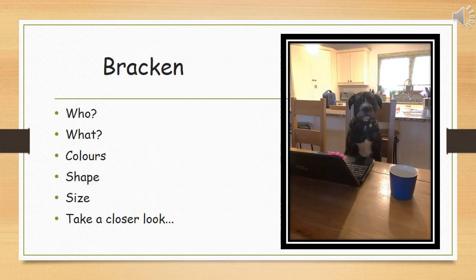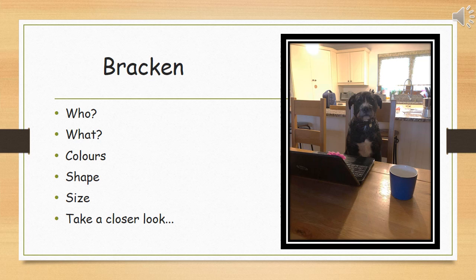Here are some ideas for you. So we know his name, so you need to make sure you've got his name in there. Bracken. So who is he? What is he doing? Can you tell me some of the colours of him? Can you tell me some of the things that are happening around him? What shape is he? What size is he? And remember, you need to take a closer look.